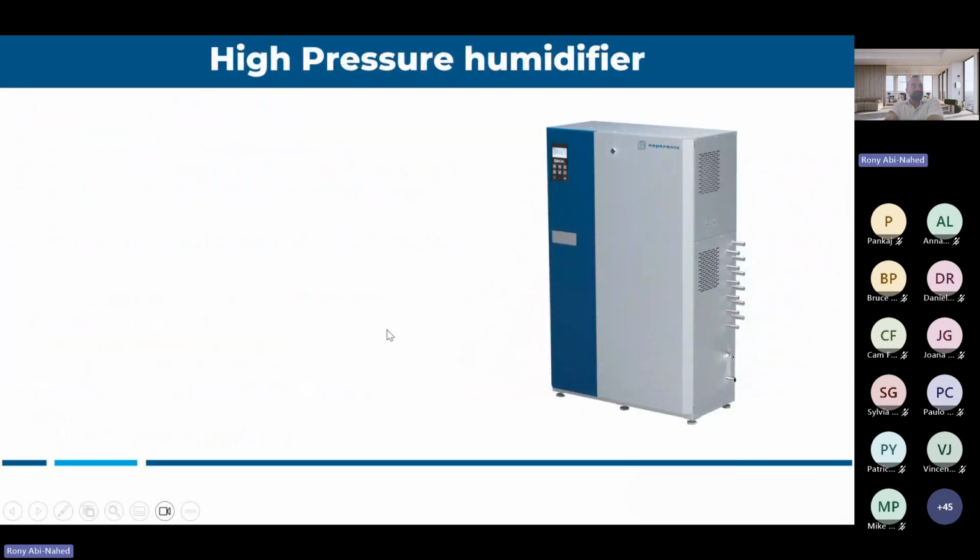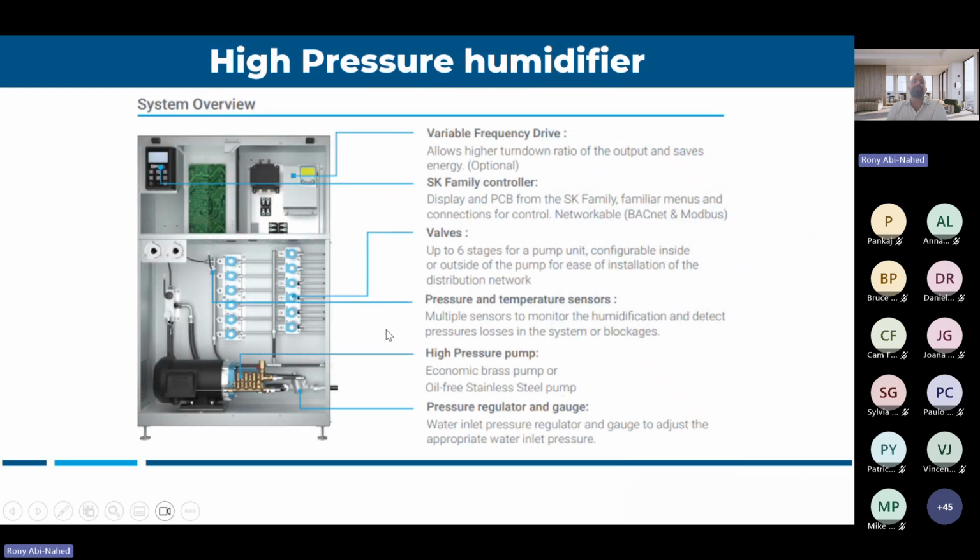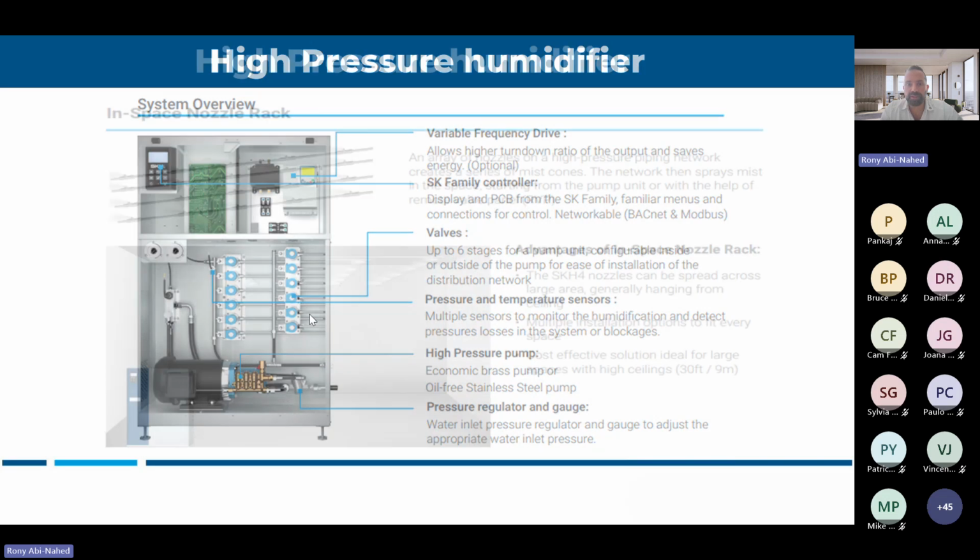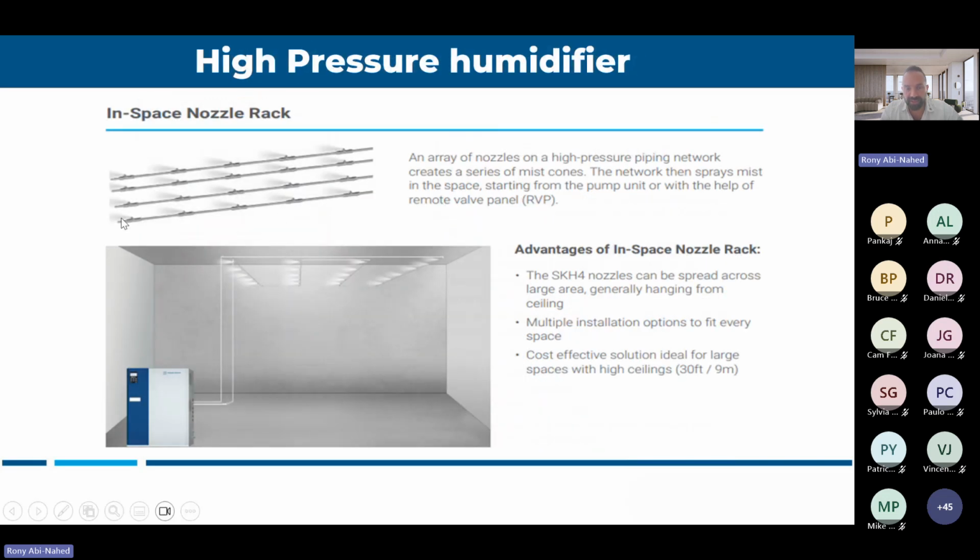So the last technology we have is the high pressure system. So what's a high pressure system? You have a 1,000 PSI pump here with a bunch of control valves. And then this unit is connected to these racks of nozzles. It's a very small nozzle with a tiny hole at the top of it where you push the water through.